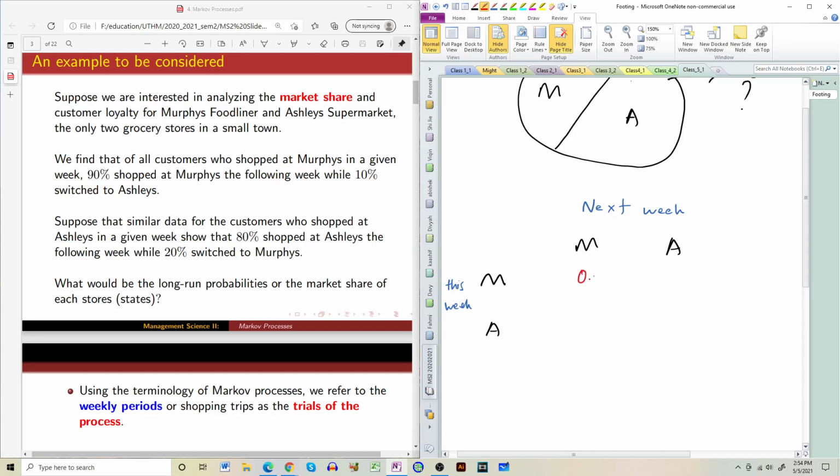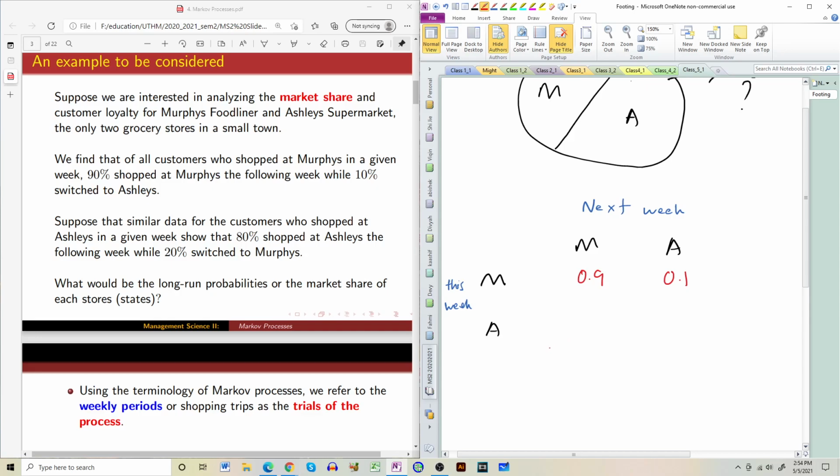That would be 0.9, while 10% switch to Ashley's. Okay, this is probability.